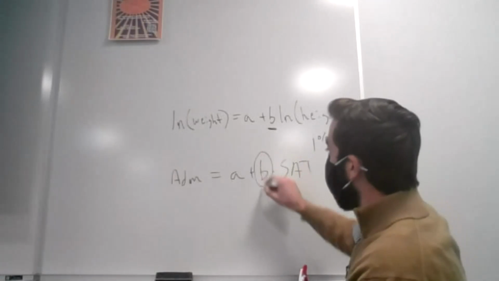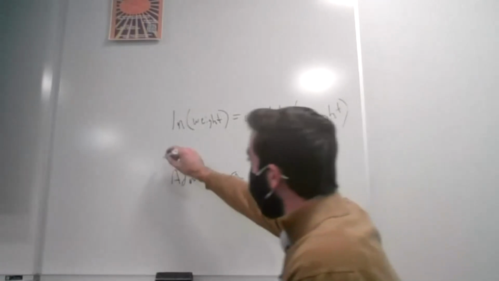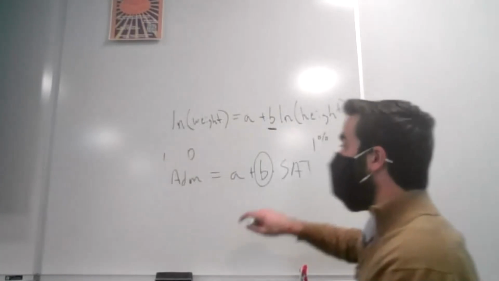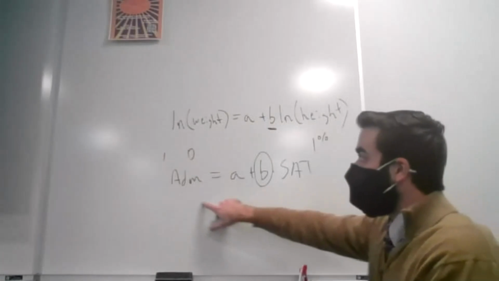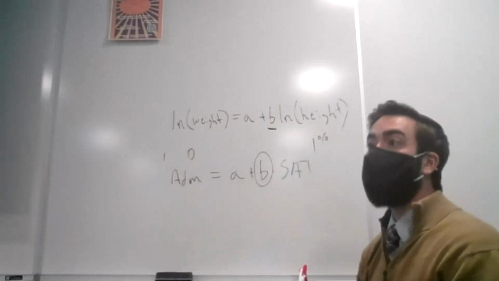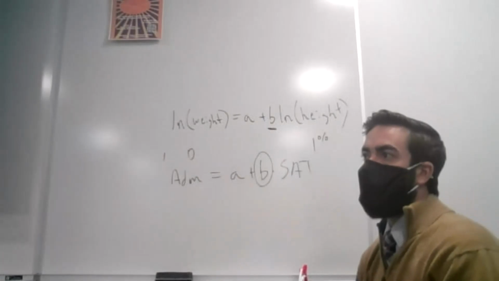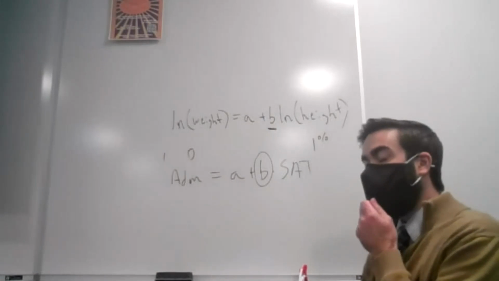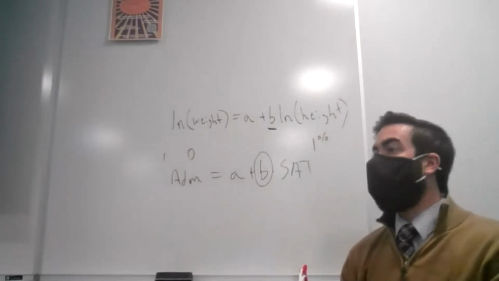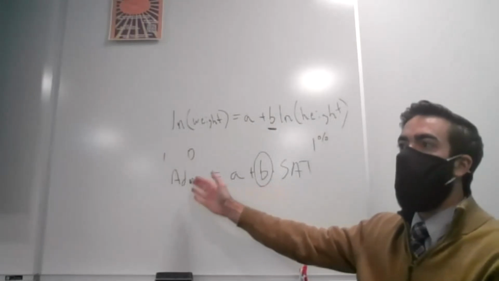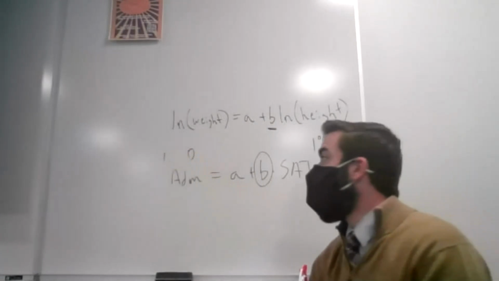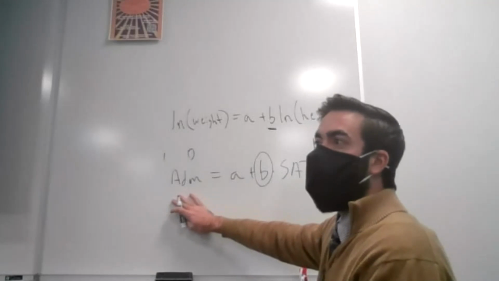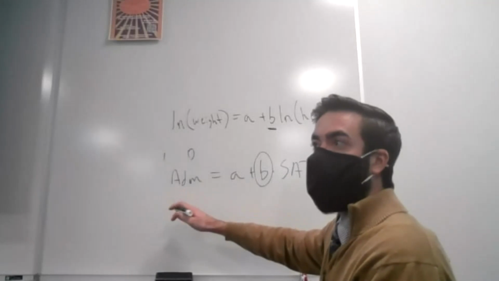Now what this slope coefficient tells you, remember we said this is either a 1 if they're admitted, 0 if not, it's saying if the SAT score goes up by 1 unit, this is the increase in the probability of being admitted, right? So the interpretation is very similar. It's the same kind of lane, but it is a little bit different, right? Because it's this change in probability of going from 0 to 1.